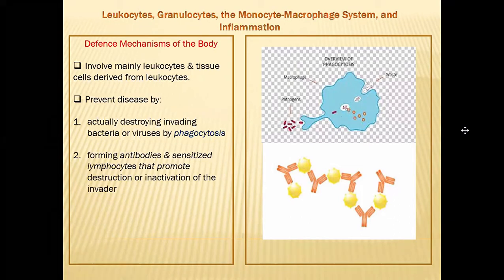And then this is non-specific defense. Well, specific defense involves the production of antibodies. And these are the red one, the Y-shaped ones are the immunoglobulins, and the yellow round irregular shape thing represents the antigen. So you see the antigen is being attached to an immunoglobulin molecule.